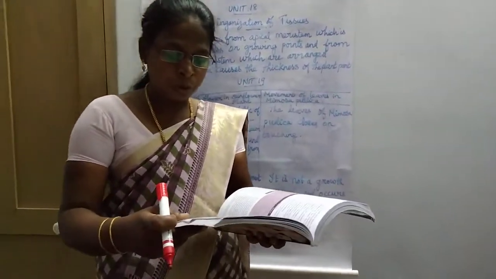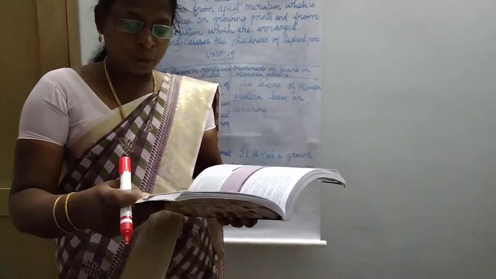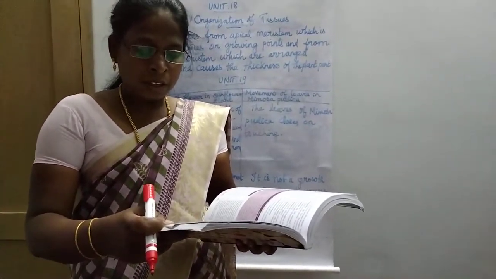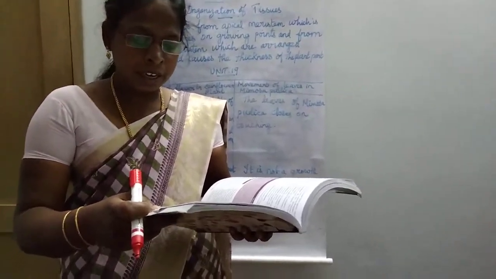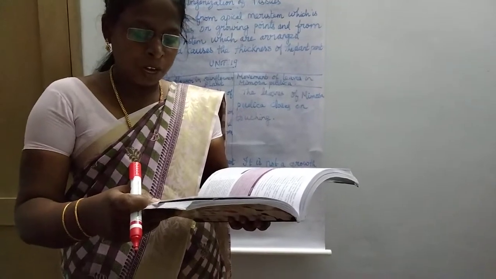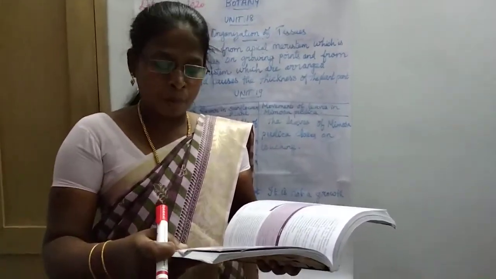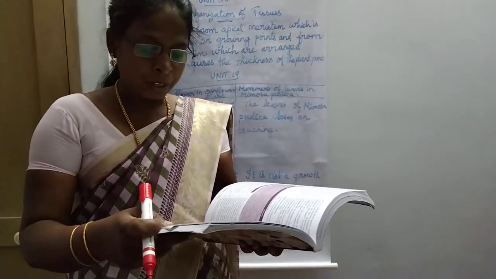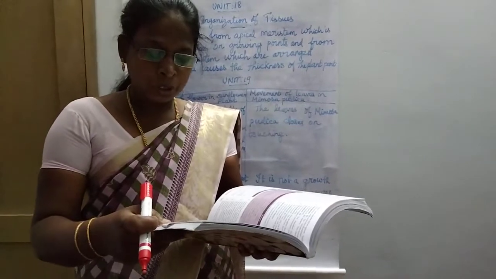Then Roman letter 2, match the following. First question, sclerids. The correct answer is sclerenchyma. Then the second one, chloroplast. The answer is chlorenchyma. Then the third one, simple tissue.